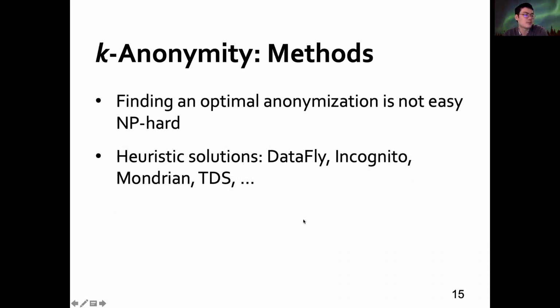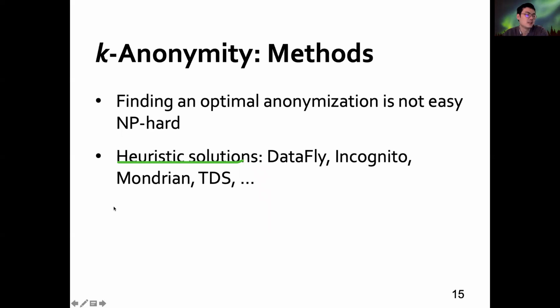Here are some names of the algorithms. If you have interest, you can look at them. They have to be heuristics, because the problem itself is NP-hard. If you solve it exactly, it might run for maybe 1 million years. But with a heuristic, it may finish in maybe 5 minutes, and then you can release the table.